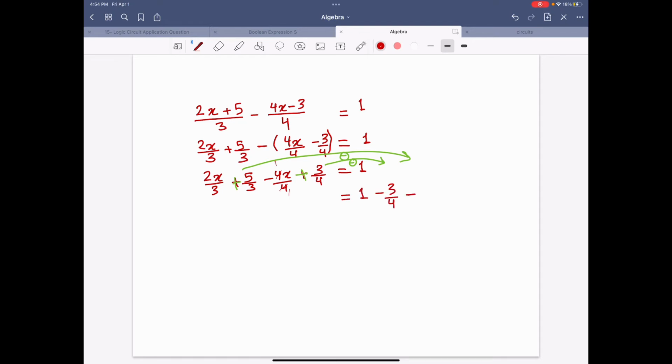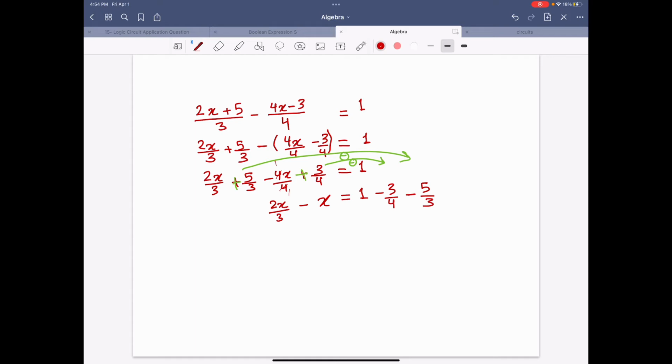Over 4 and then minus 5 over 3. And then I kept all my x's on the left side. 2x over 3 minus, this became 1 over 1, so it can just be 1x. So it can just be x.